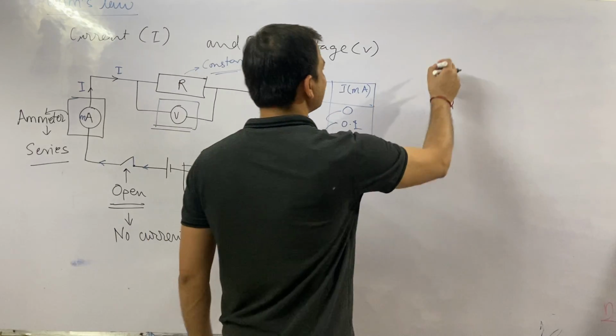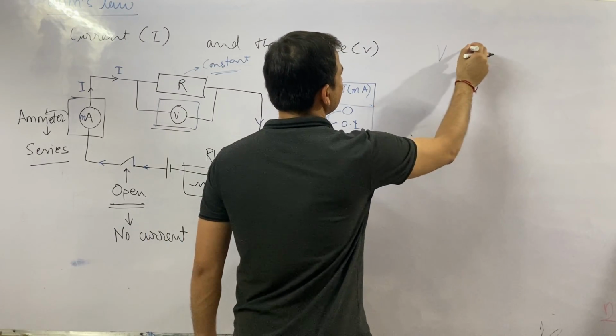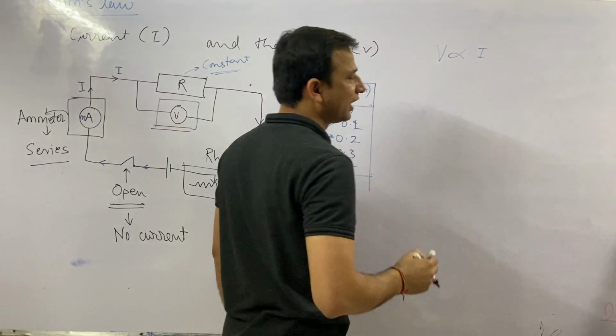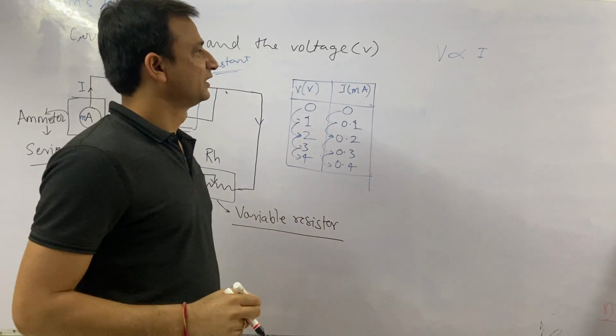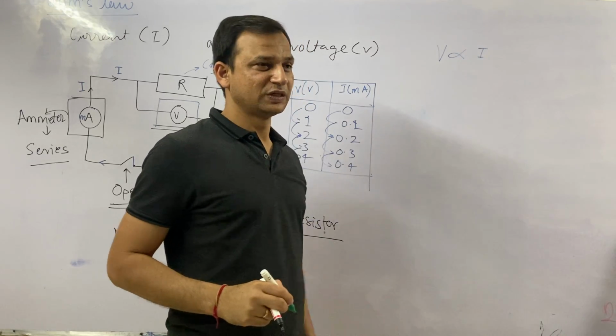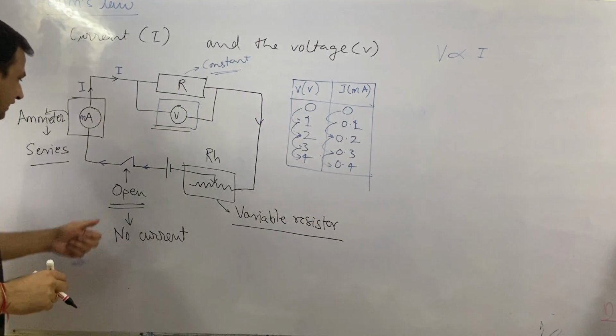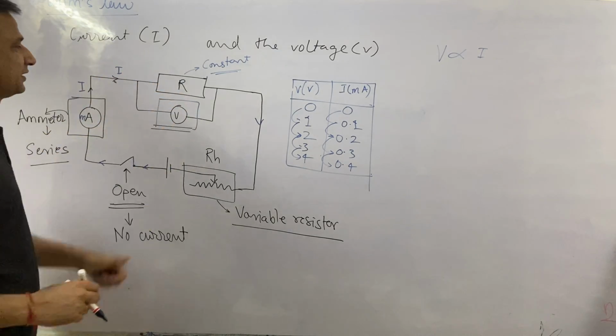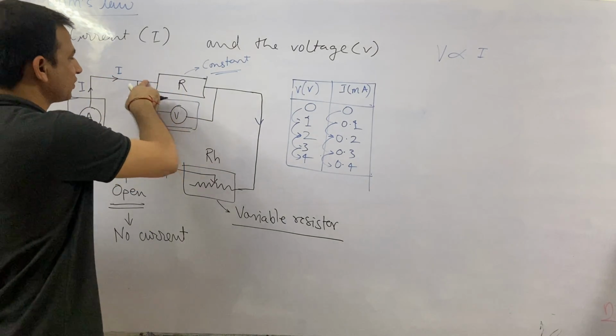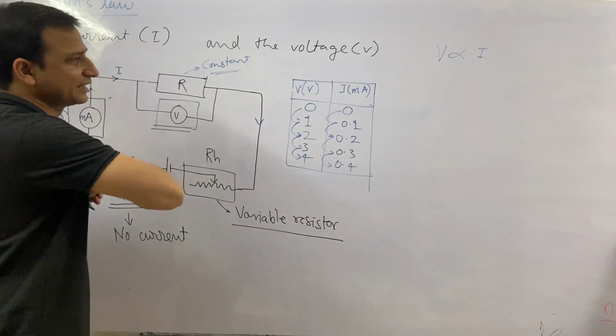So what we can say is V is directly proportional to I. If you increase the voltage, the current will increase, or if you increase the current in this circuit, the voltage across this resistor will increase.